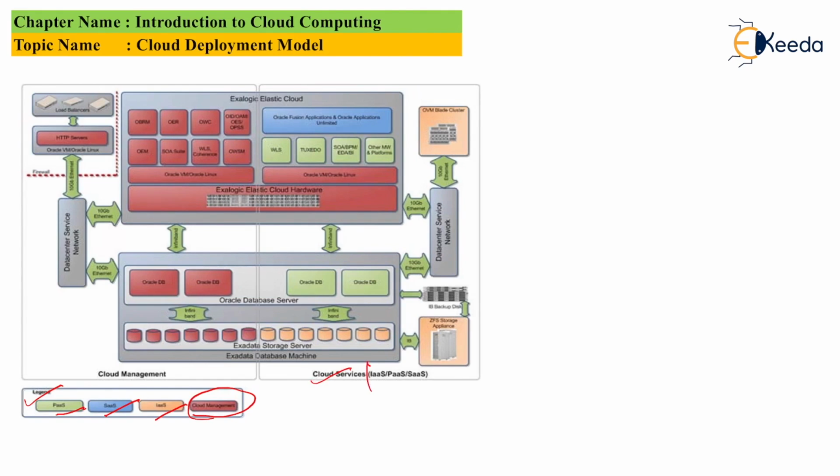Cloud services, we have the basic cloud services, that is infrastructure, software, and platform. Then comes the database machine, the database or the data storage server, then the infrastructure band, and then the database servers. These are then connected to the cloud hardware, which gives us the VM view. VM is the virtual machine view.